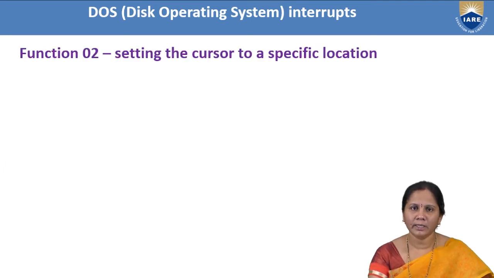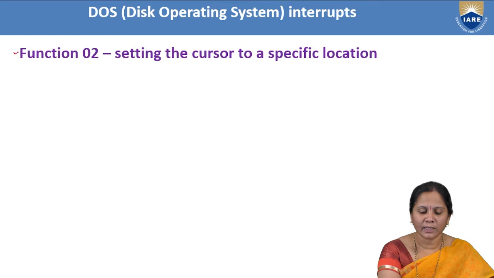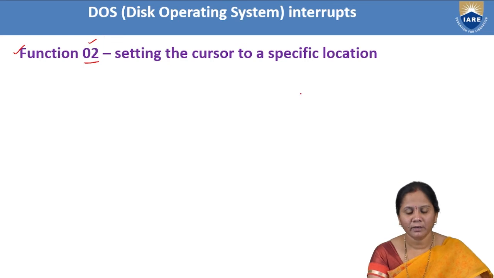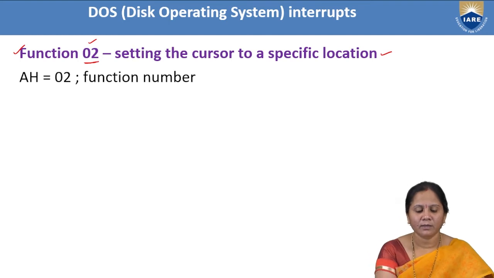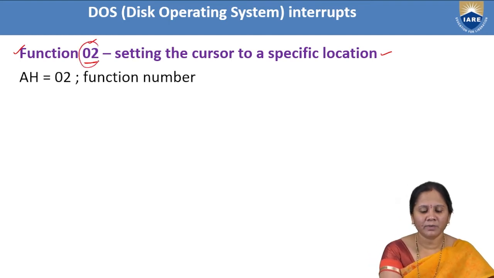The same INT 10H also provides another function, function 02. The 02 represents the function number, and its operation is setting the cursor to a specific location. The function number should be loaded into the AH register.